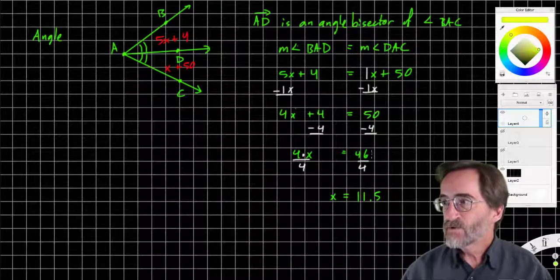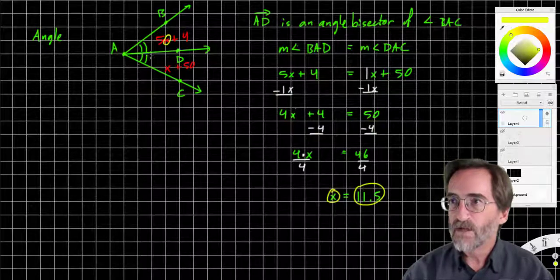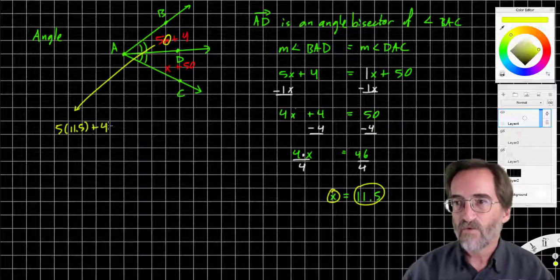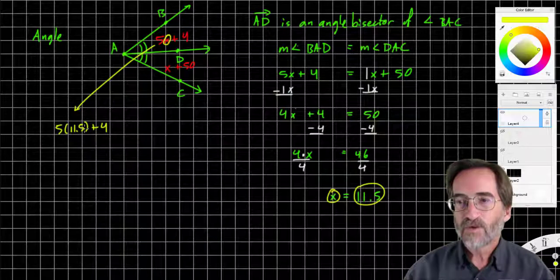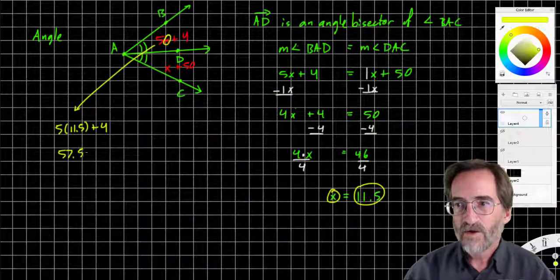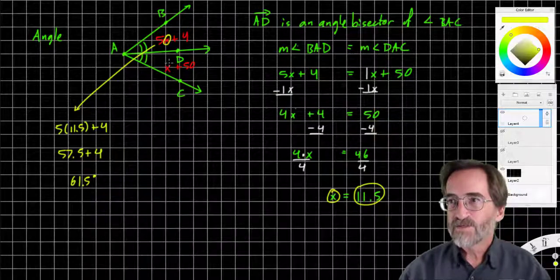So let's go ahead and do a little substitution. X is 11.5, so I'm going to substitute x right here. So 5 times 11.5 plus 4 is 55 plus 2.5 is 57.5. Plus 4 is 61.5 degrees. Now this is a good way to check.